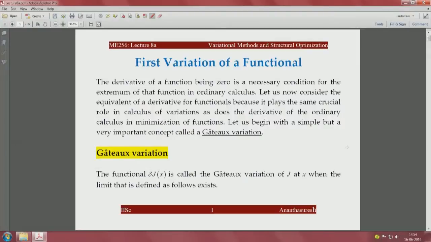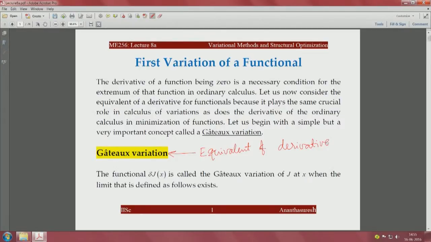So, let us look at the notes that are also available along with these video lectures. I will highlight a few points as we go along today. This concept of Gateaux variation is the equivalent of the derivative that is there in normal function calculus.